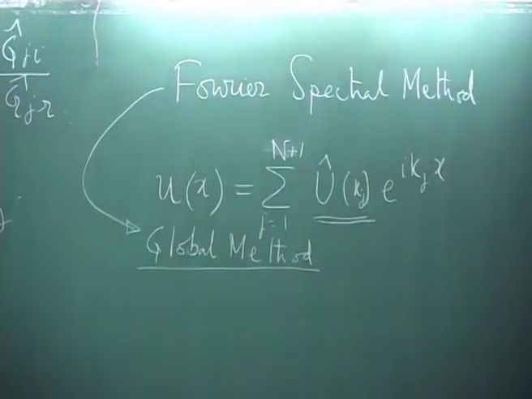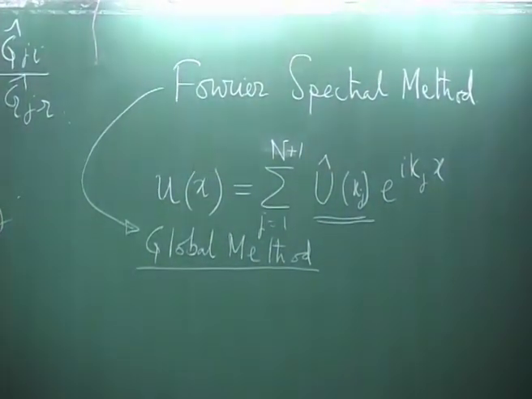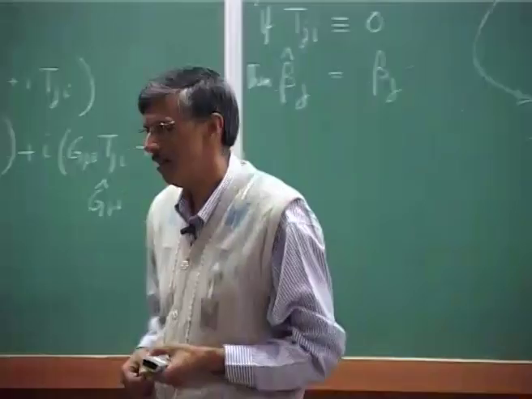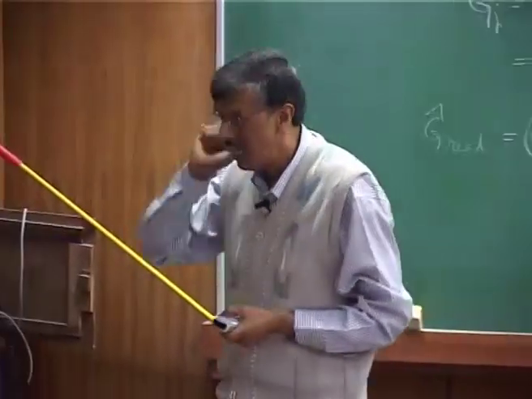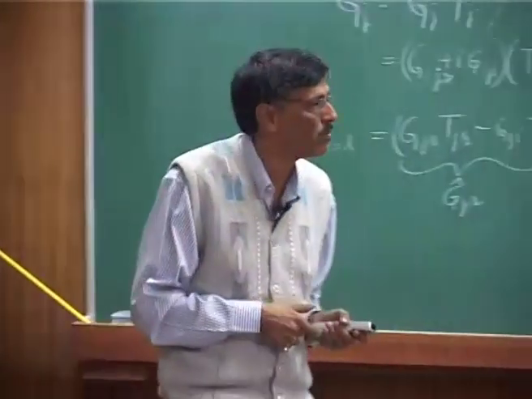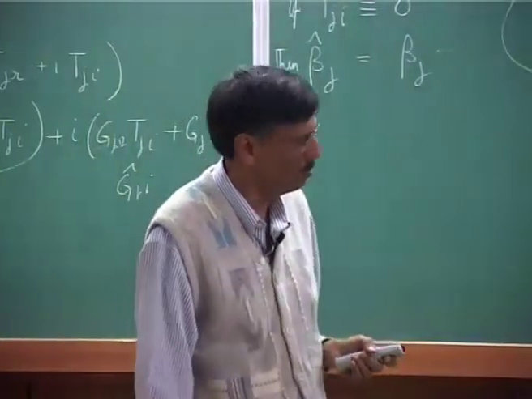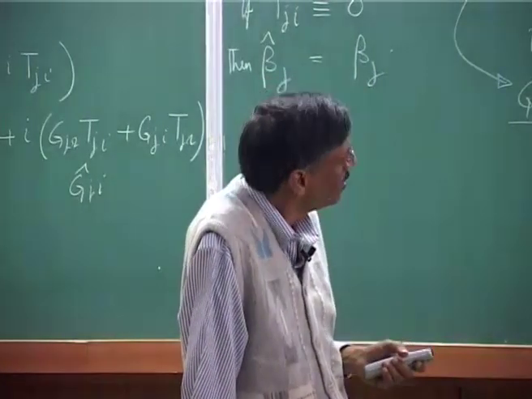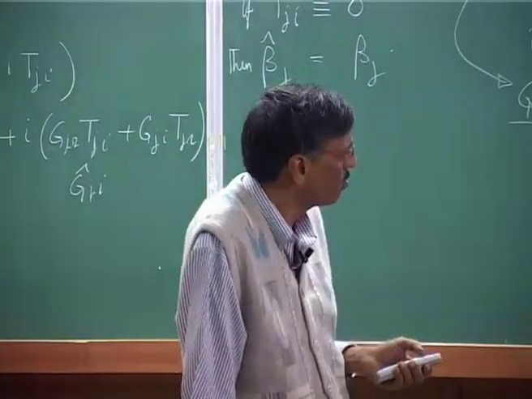So, it so happens that for many physical problems, this imposition of periodicity lends itself to some sort of an unphysical attribute to the problem. So, most of the problems cannot be replaced by a periodic extension of the same problem. Okay. So, that is one thing.